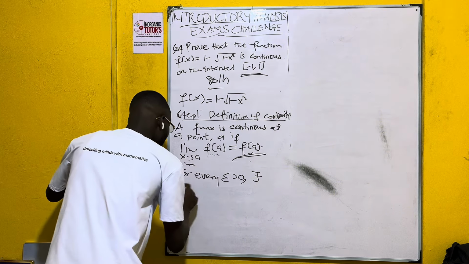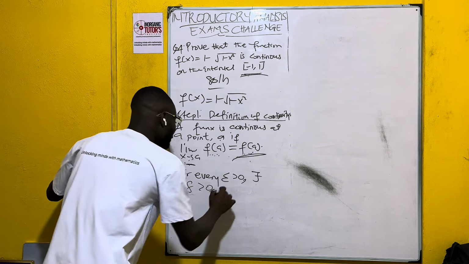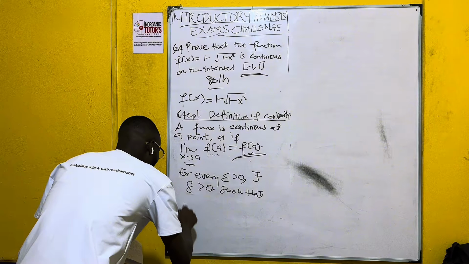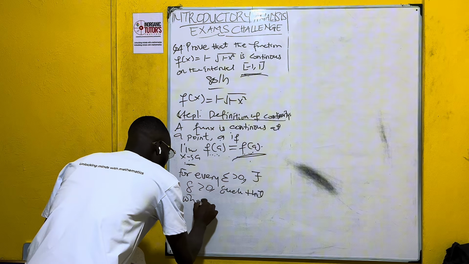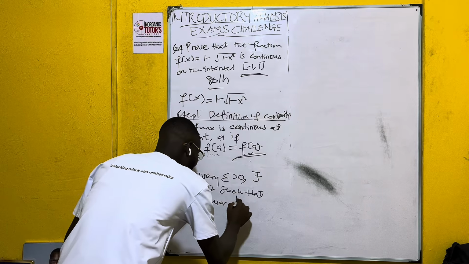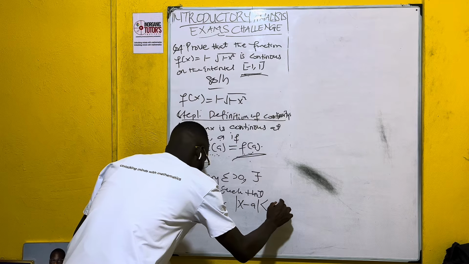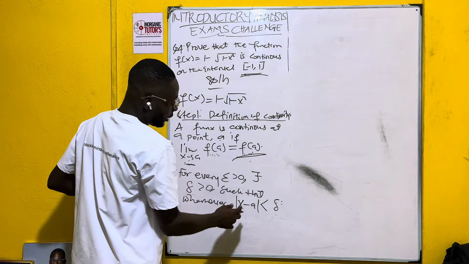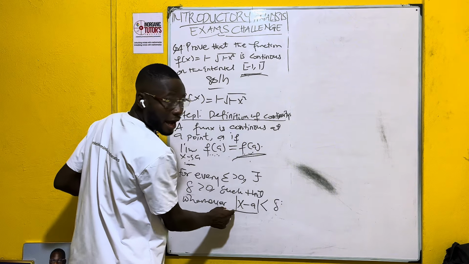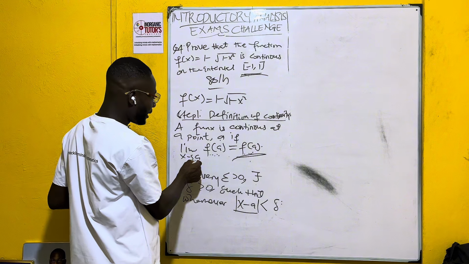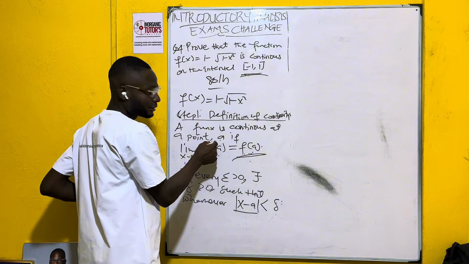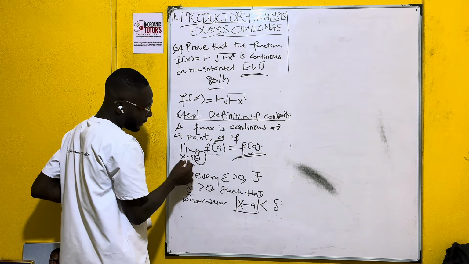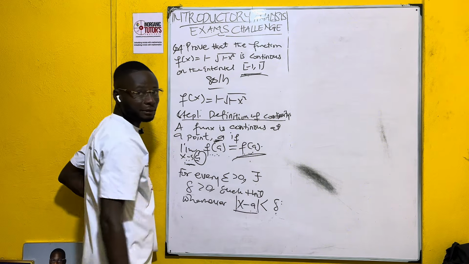So, there exists a delta that is also greater than 0, such that whenever the absolute value of x minus a is less than delta, where a is the point, x minus the point is less than delta.